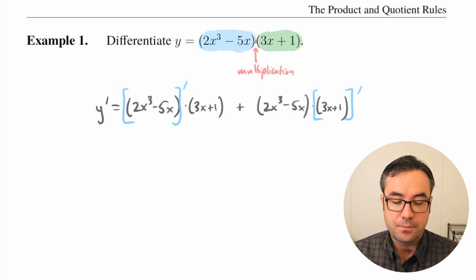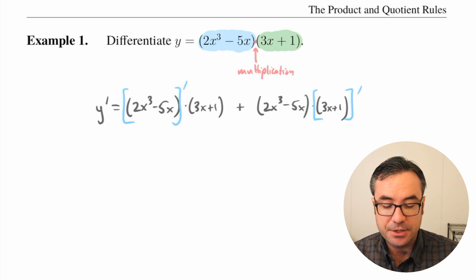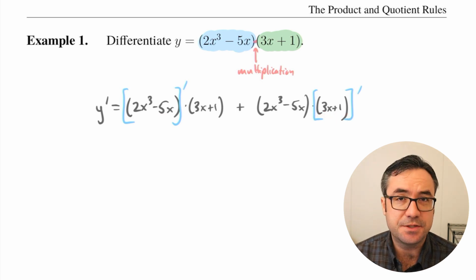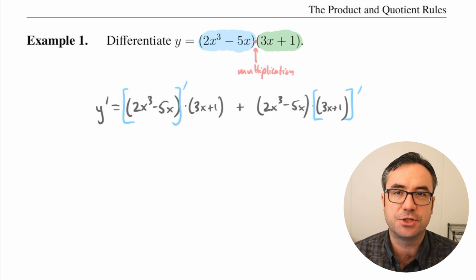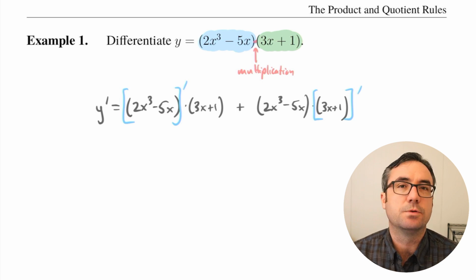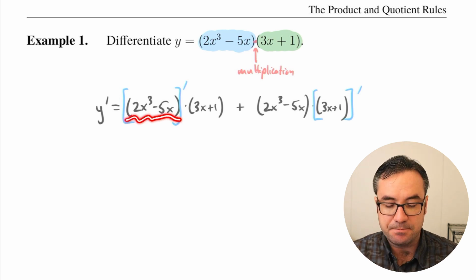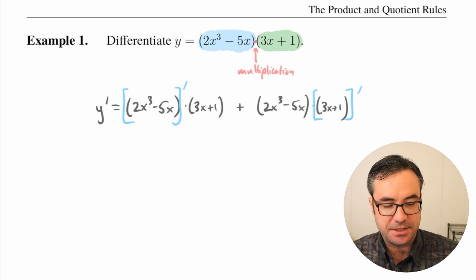All that's left for us to do then is to finish up differentiating this term and this term. These are just regular polynomials that we've been differentiating the whole time we've been doing derivatives, so these should be old hat at this point. All right, so let's see what we get.